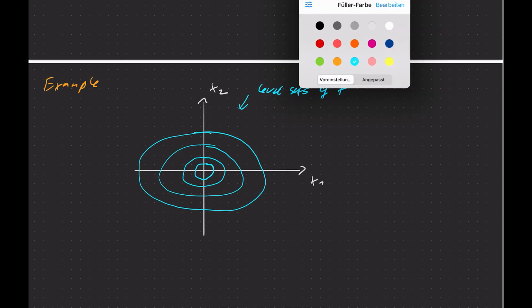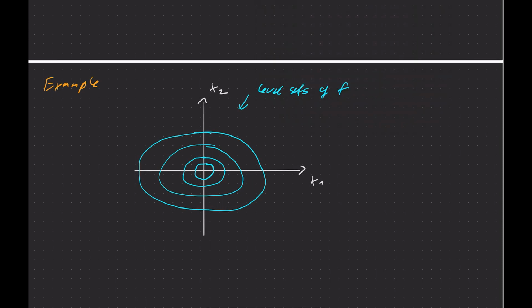And we want to know about the gradient at a certain point x star. Say we choose this here as our point x star. Now, what is the direction of steepest ascent and descent in that direction, and therefore the gradient?